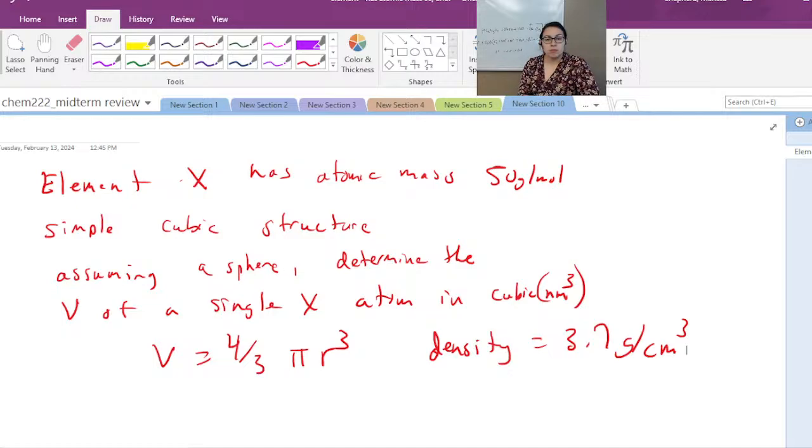It says right there you want to keep it in cubic centimeters. The final answer is in nanometers.